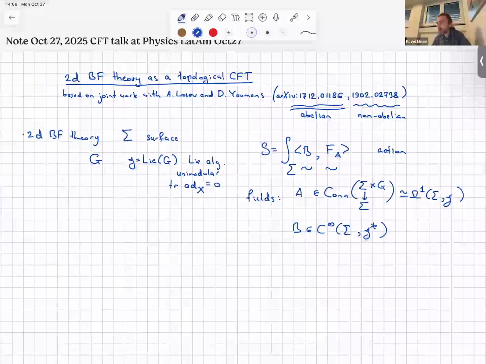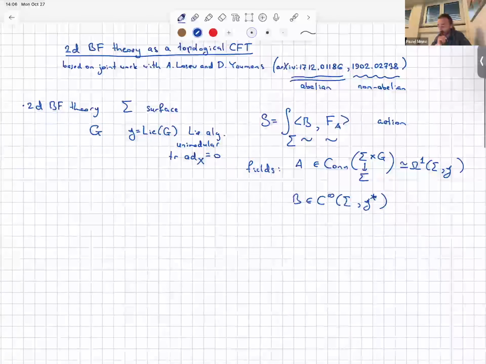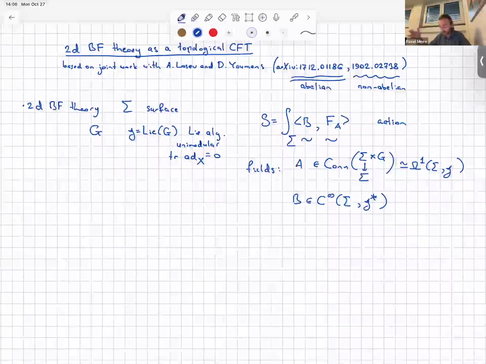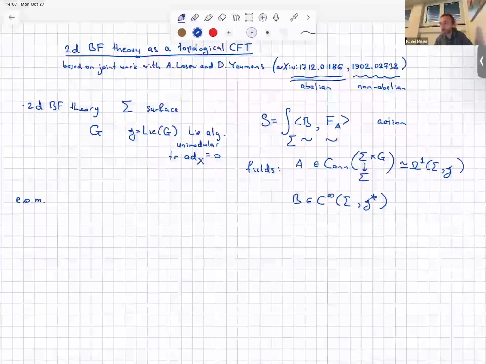Now, in BF theory, by the way, you can formulate it in any dimension, essentially in the same way, but the field B will be a form of certain appropriate degree. But let's focus on dimension 2. The equations of motion in this model are very easy to figure out.